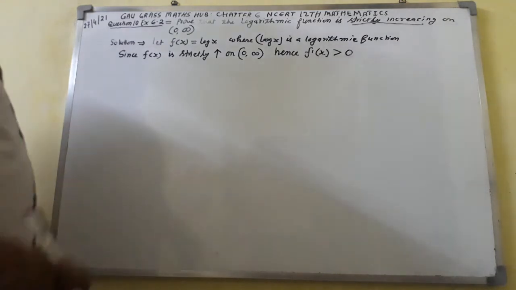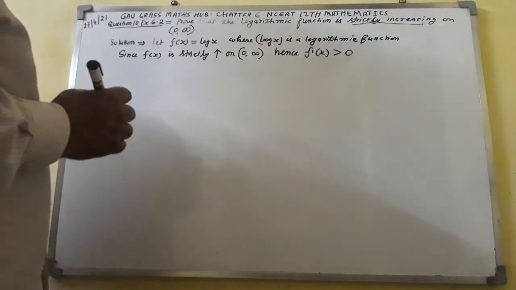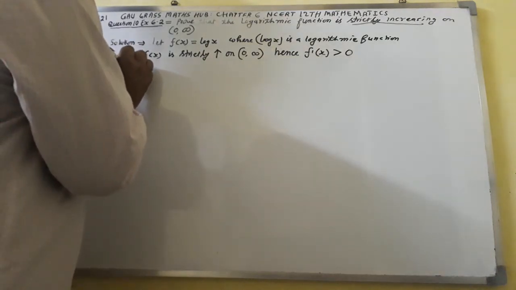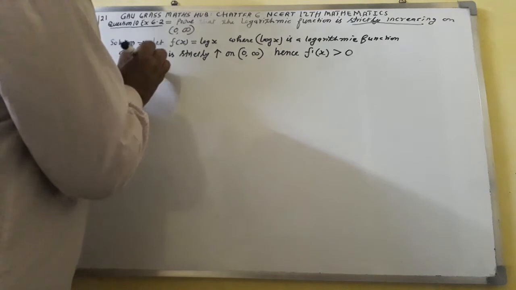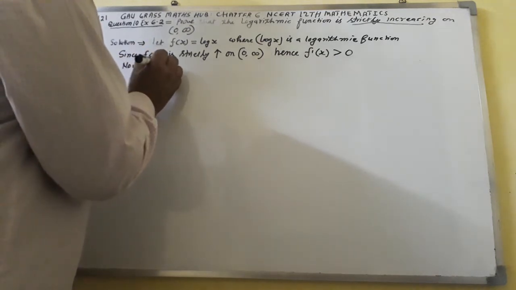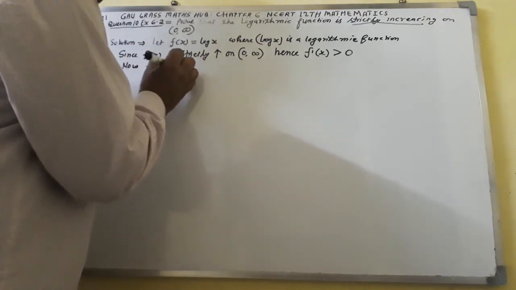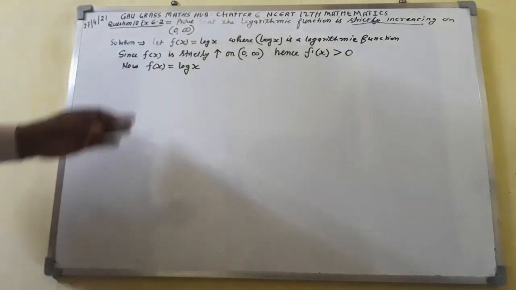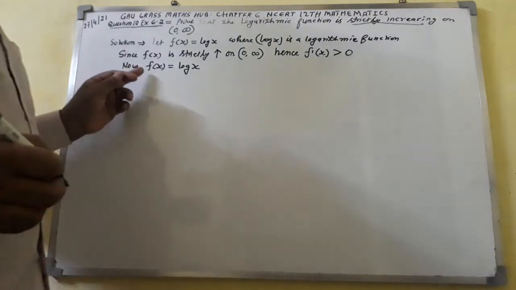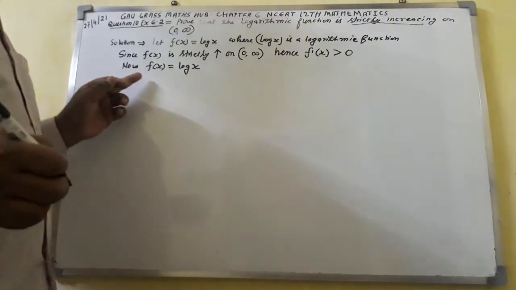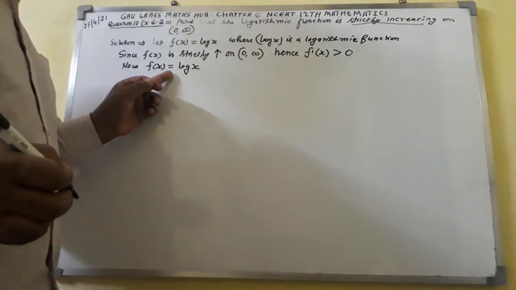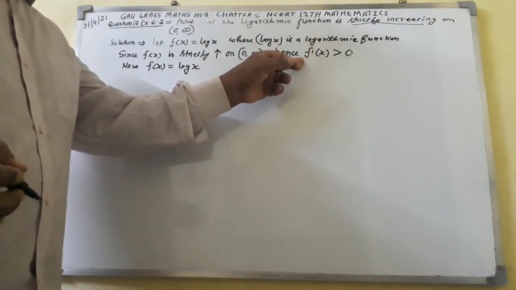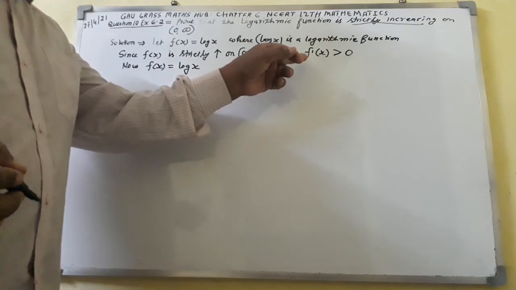Now here I have let f of x equal to log x. With the help of this function I shall get the first order derivative of f of x, f dash of x.